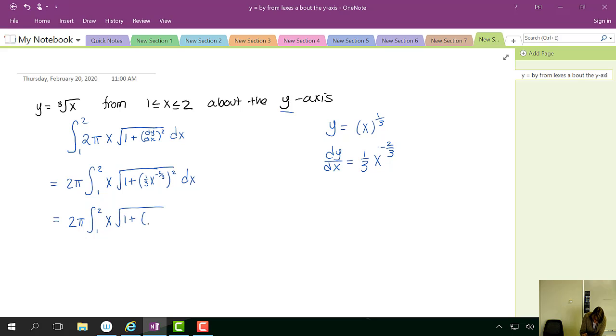So I squared this term, and what am I left with? Well, 1/3 squared is 1/9. And then squaring this, I just multiply the two powers together. So x to the negative 4/3.